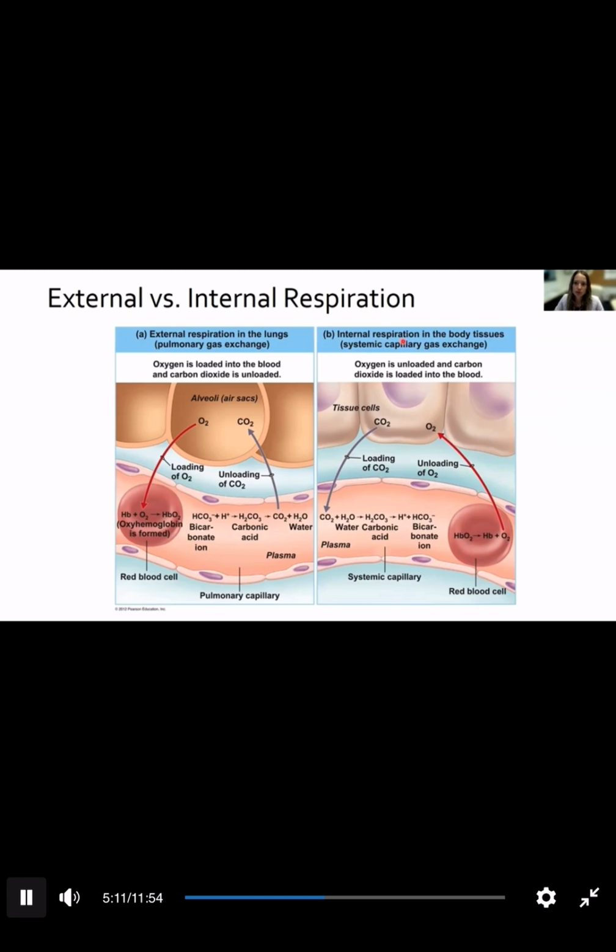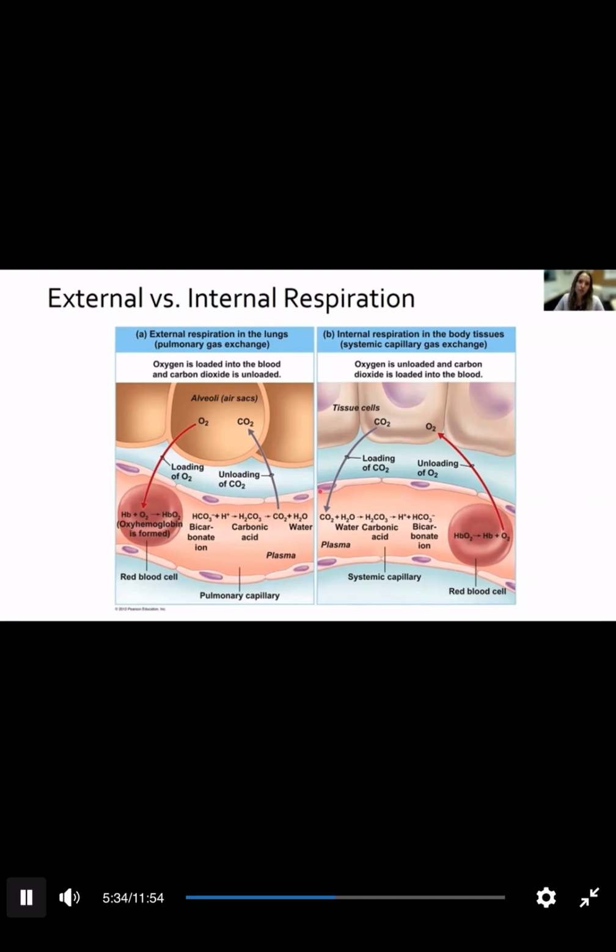Whereas internal respiration happens within the body's tissues. This is the capillary beds that are in your extremities, all around the internal systemic circulation. This is where oxygen is unloaded from the blood and carbon dioxide is loaded into the blood so that these tissue cells can take in the oxygen for energy.